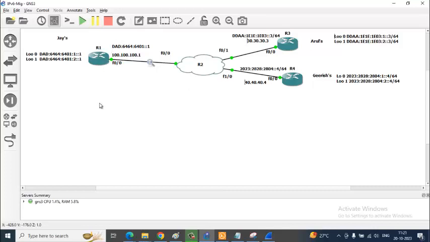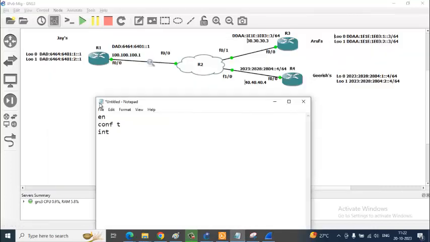We are saying all bits need not match. If it matches 2023, use tunnel 0. If it matches DDAA, use tunnel 0. Tunnel 0 knows how to get the IPv4 address. If you go via tunnel 0, the protocol will take care.